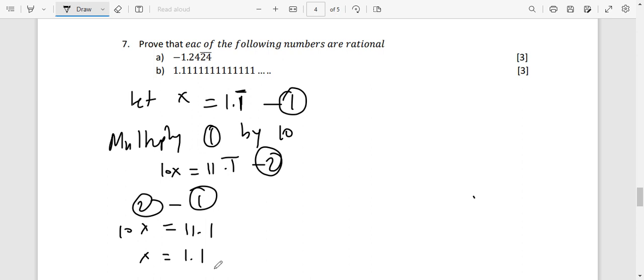What are we going to get? This one is very simple, friends. Can someone tell me? 9x is equal to 10, meaning that x is equal to 10 over 9. Very simple.